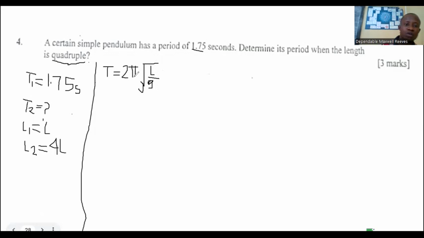Now, from this equation, we can see that the period is directly proportional to the square root of the length L. Since we're having 2 periods and 2 lengths, we can rewrite it as T1 divided by T2 is equal to the root of L1 divided by the root of L2.